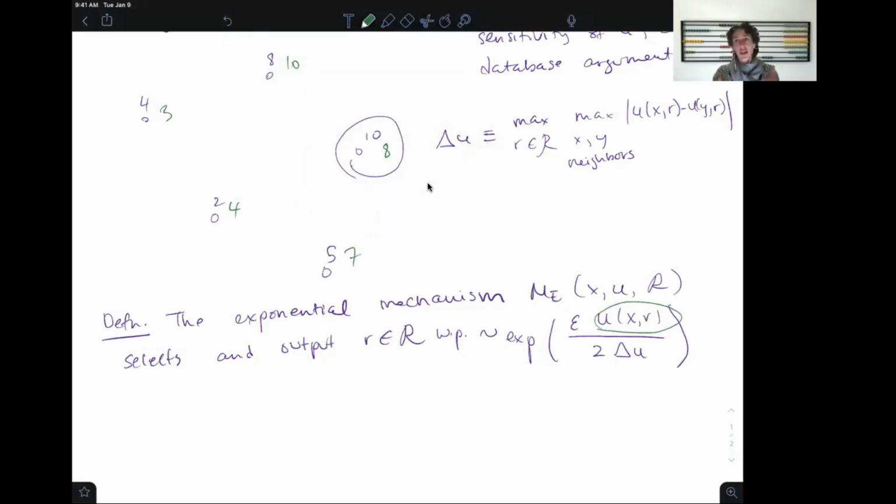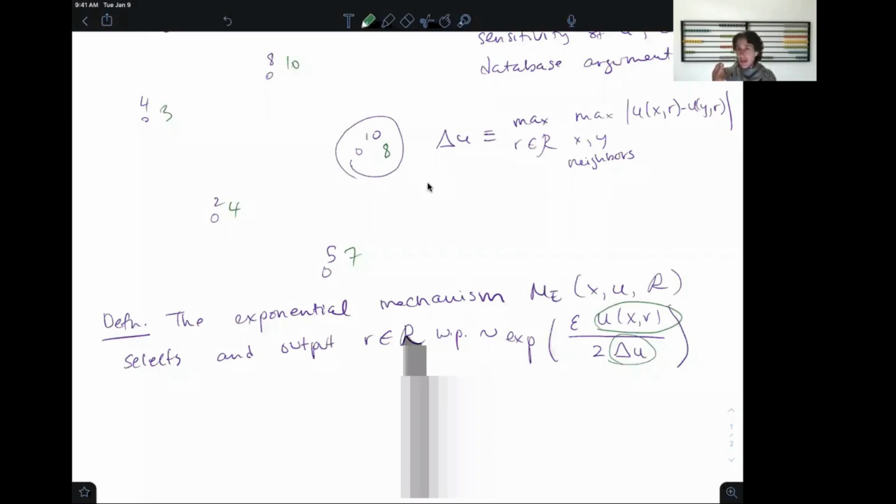So you can do less biasing. That's sort of going the opposite direction. And when the sensitivity is big, that's fighting against, in some sense, your privacy guarantee. Make sense? Okay.